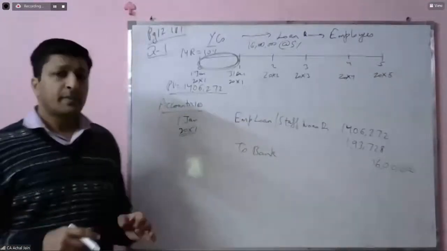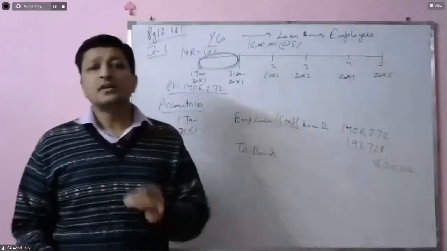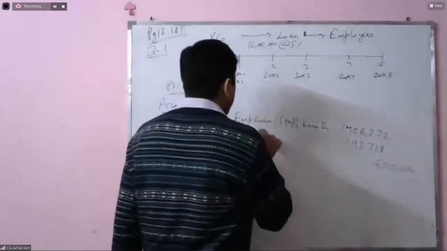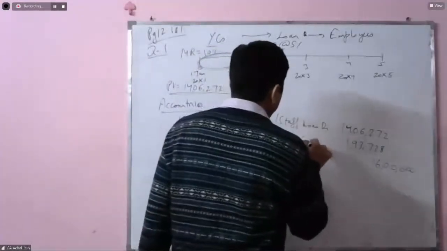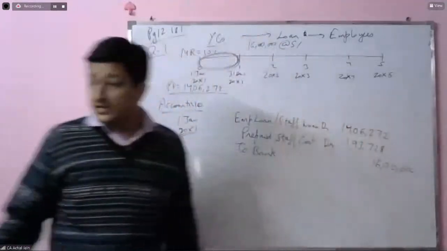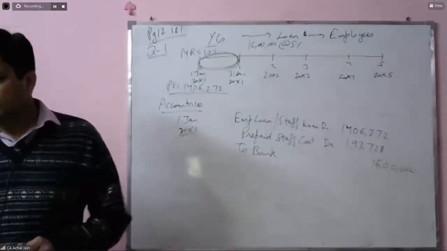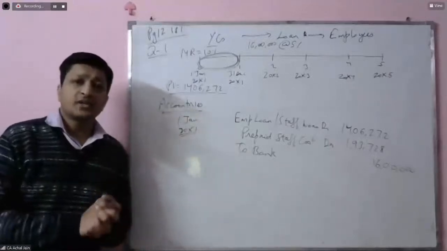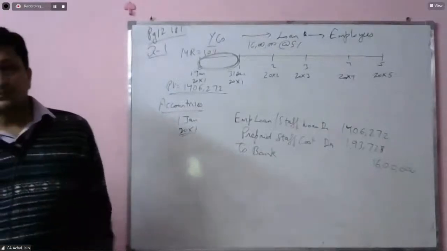This difference will become prepaid expense for the staff. So we will say prepaid staff cost debit 1,93,728. Alright, so at the time of initial recognition, this is the accounting entry that we need to pass.